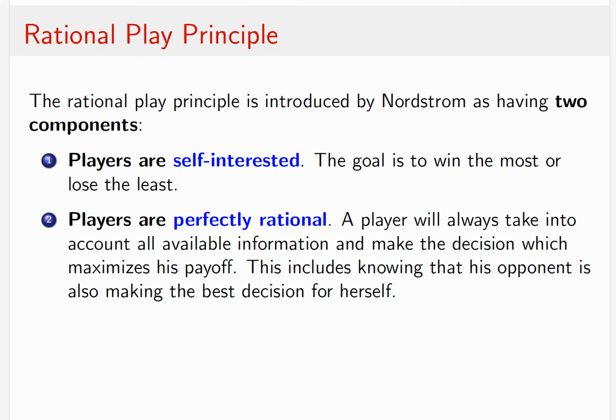Whenever our opponent acts, whenever any of the players in the game act, they're going to act in their own self-interest, and they're going to act with perfect rationality. Okay, so that actually helps with our analysis. We don't have to worry about, oh, what if they make a mistake? What if their play isn't optimal? No, we can analyze optimal play from both players' perspective. So the rational play principle has two components: self-interest and perfect rationality.